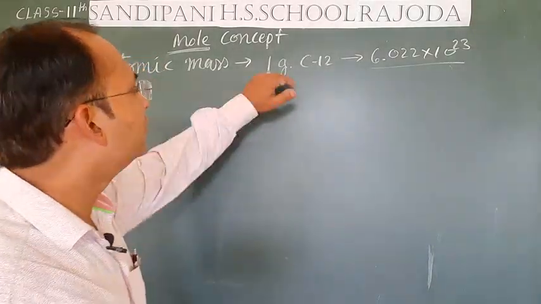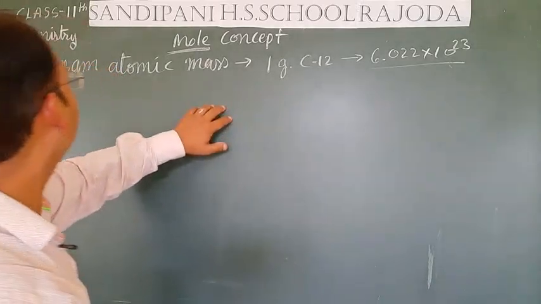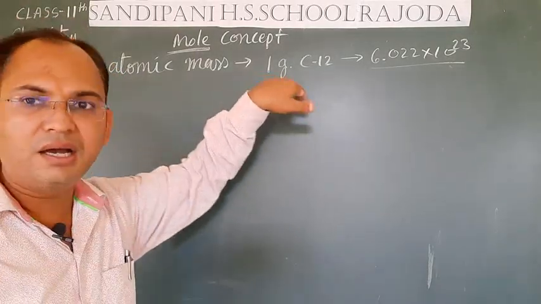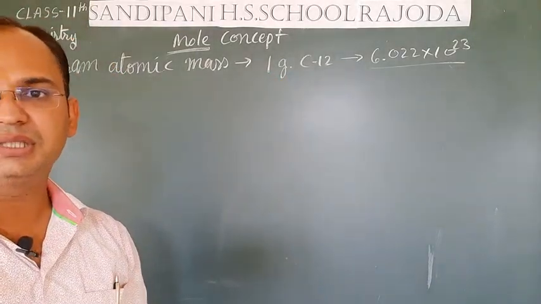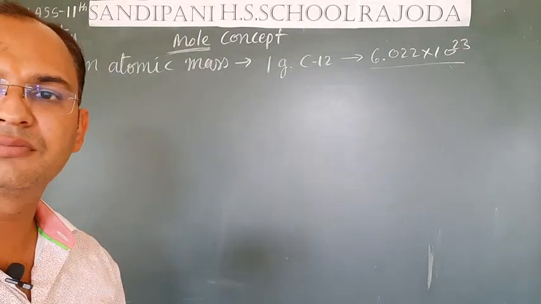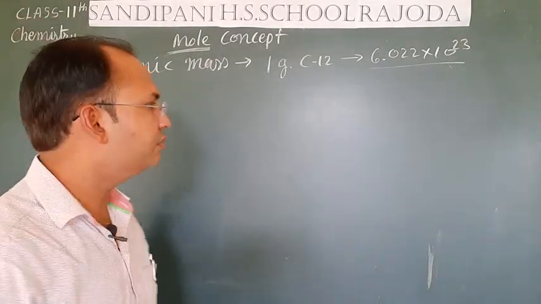So this 1 gram is actually 1 atomic gram, its atomic mass, or we can say its gram atomic mass.